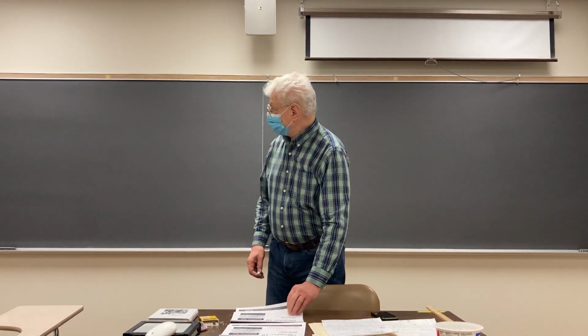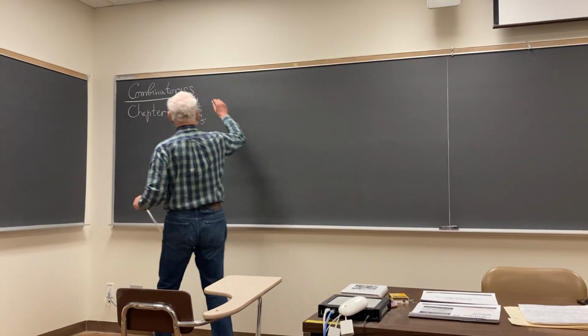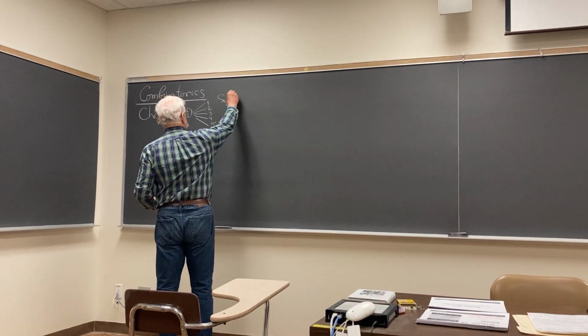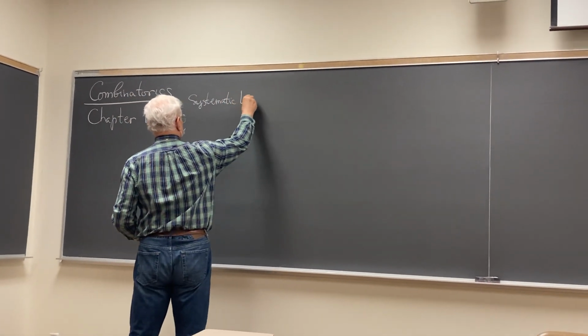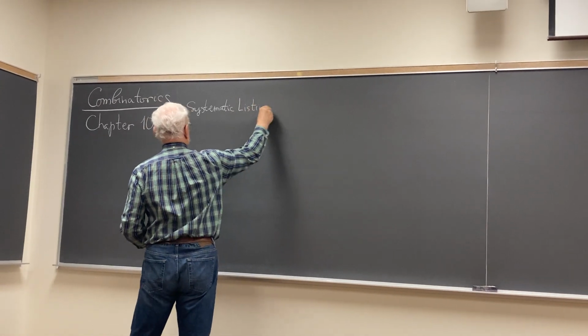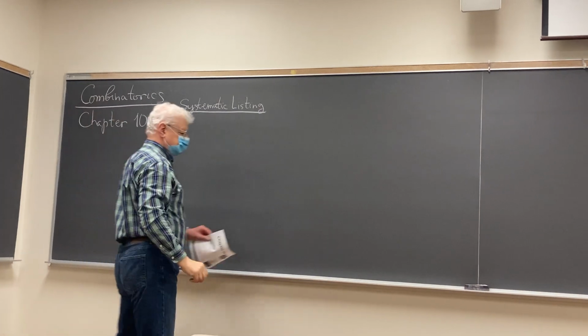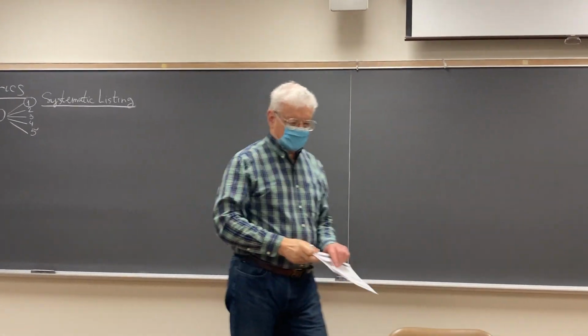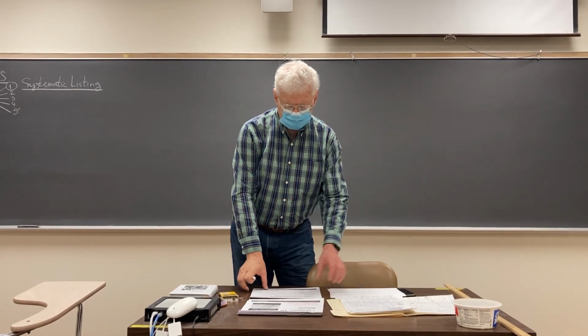Okay, so chapter 1 is called systematic listing. Systematic listing is number 1. Counting by systematic listing. Okay, what is that?